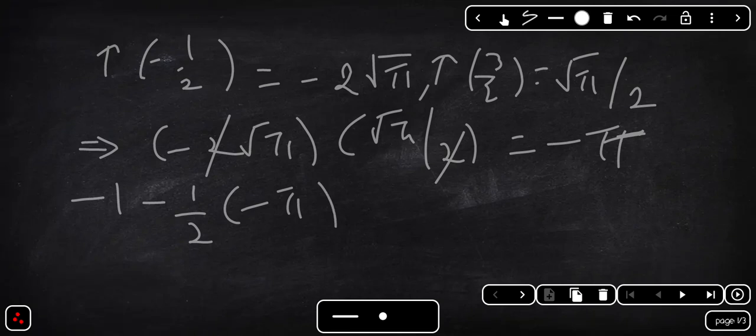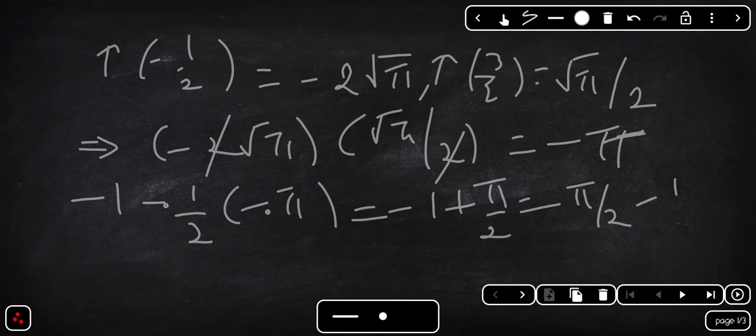So that's what we are going to have: minus 1 over 2 into bracket minus pi, and then minus times minus will give us plus. So I'm going to have minus 1 plus pi over 2, or I can write this as pi over 2 minus 1. So pi over 2 minus 1.